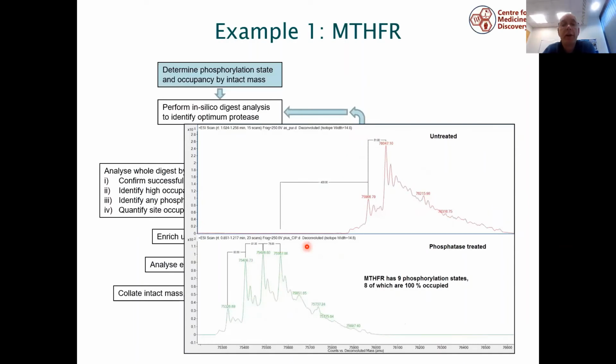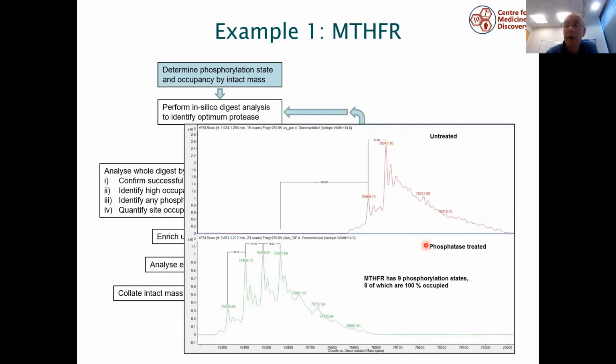So this is our initial analysis. This is intact mass analysis. This is what the protein looks like untreated, and you can see that, well, you can't see, but these masses do not correspond to the unmodified protein.